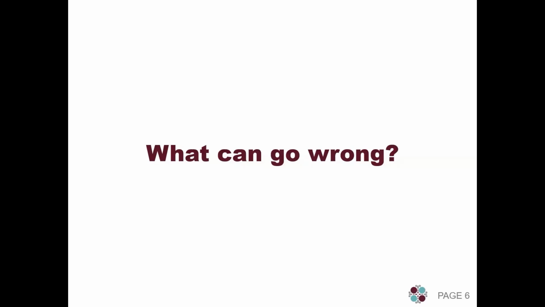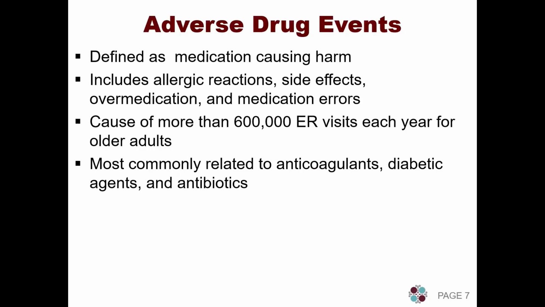Next slide, please. So let's talk about adverse drug events. So these are defined as medication causing harm. And this can include allergic reactions, side effects, over-medication, and medication errors.